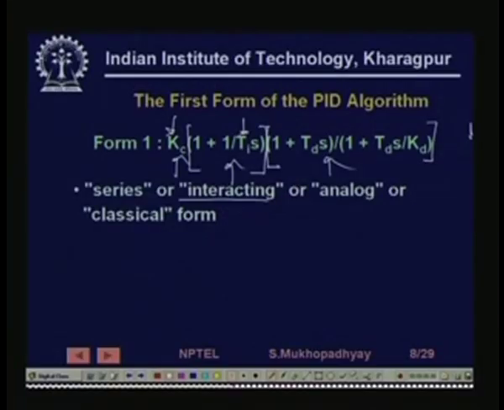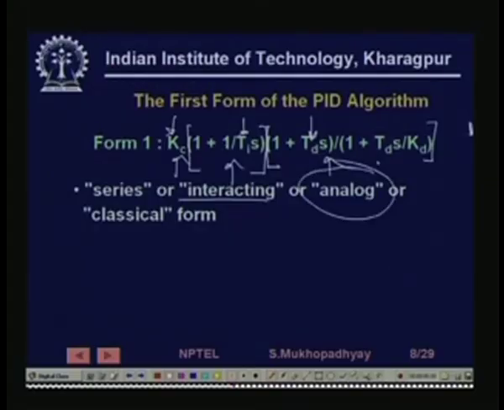If you change Ti also they will change, if you change Td also they will change, and then all of them will change. So, you see that they interact, that is you cannot change them independently, unless you do it very carefully by actually solving equations. If you just change Ti, then it is not just that the integral time is going to change, the derivative time will also change and the proportional gain will also change. So, therefore, the changes are interacting with one another, and that is why it is called an interacting controller.